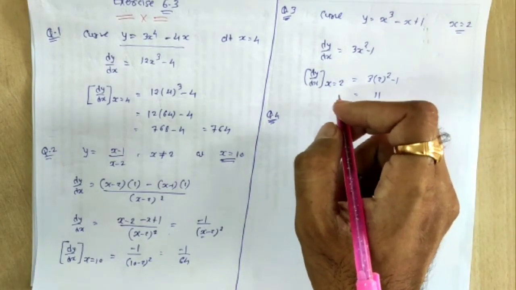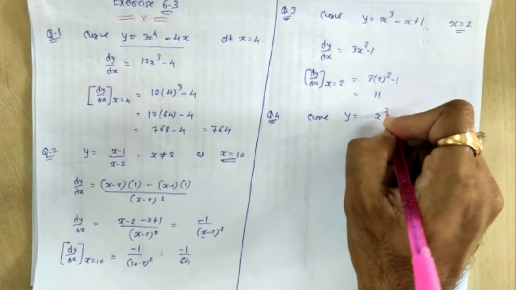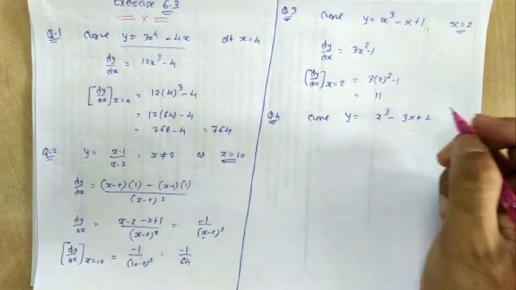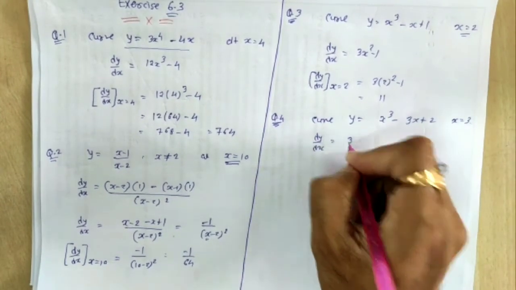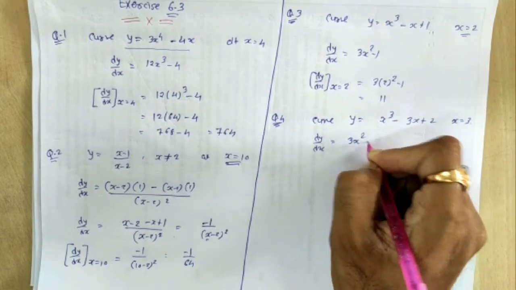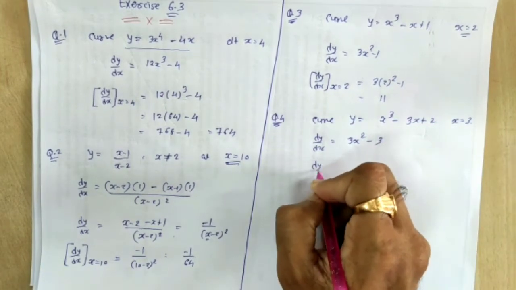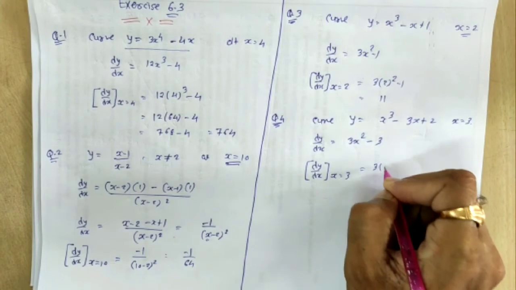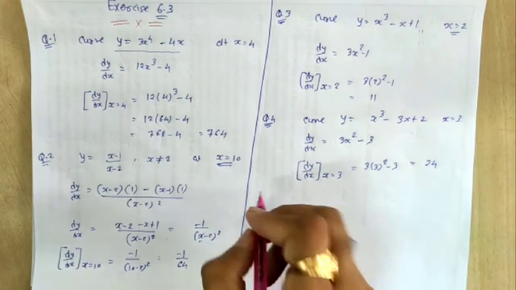The given curve is y equal to x cube minus 3x plus 2 at the point whose x coordinate is 3. You will have to do this one too. So dy by dx equal to 3x square minus 3. It seems even NCERT people make some mistakes. So it's 3 into 3 square minus 3. What will it be? 3 square is 9, 3 nines are 27, minus 3, 24.